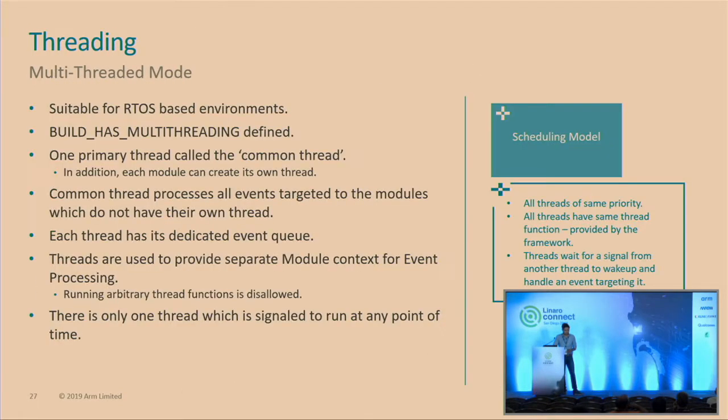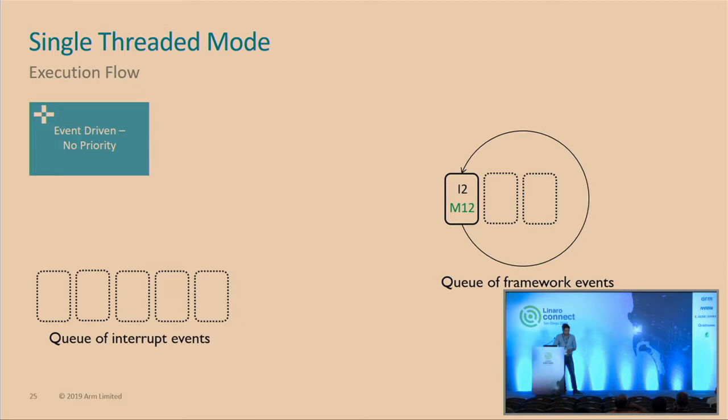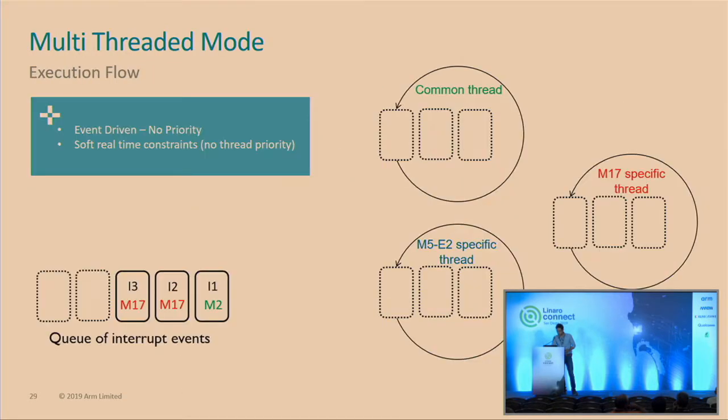So how does it work? Let's say initially your queue is empty. This is your queue. You have 3 interrupt events, and the common thread is the thread that always runs in the system. If your module does not have its own thread, then everything gets executed in the common thread context. You take the first event, and let's say that gets done.